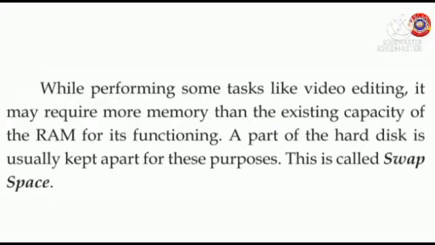A part of the hard disk is usually kept apart for these purposes. This is called the swap space. Okay, so apart from RAM and the permanent memory hard disk, we have another small space of memory called swap space inside the hard disk. Clear?